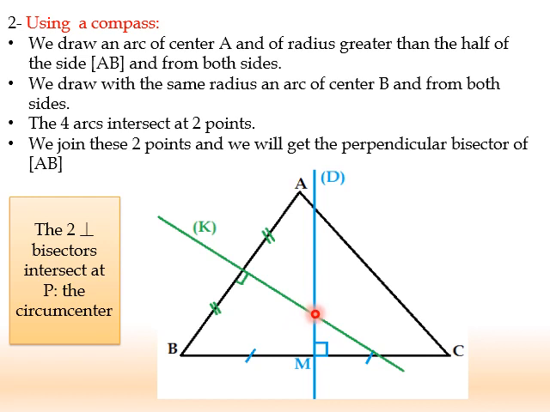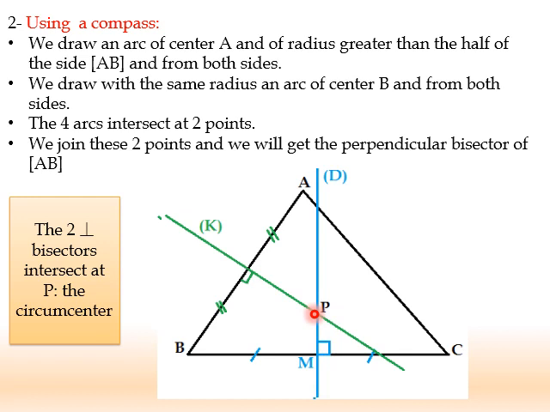These two perpendicular bisectors intersect at a common point here, which is called the circumcenter. The intersection of the perpendicular bisectors is the center of the circle circumscribed about triangle ABC. So if I put the needle of the compass on point P and open it with the radius AP and draw, this circle will pass through A, B, and C. Okay?